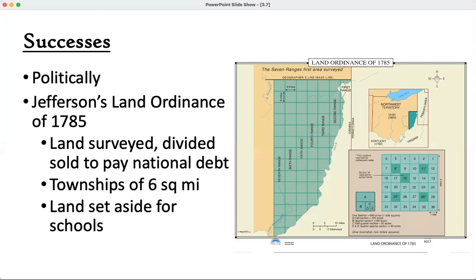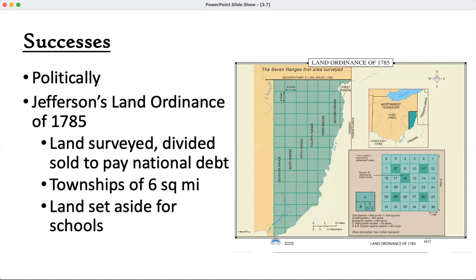It allows for the orderly development of Western territory. It provides uniform procedures for both surveying territory and dividing it up. So the land was to be surveyed, divided, and sold. And the money gained from the sale of this land in the Northwest Territory was to go towards paying off the national debt.